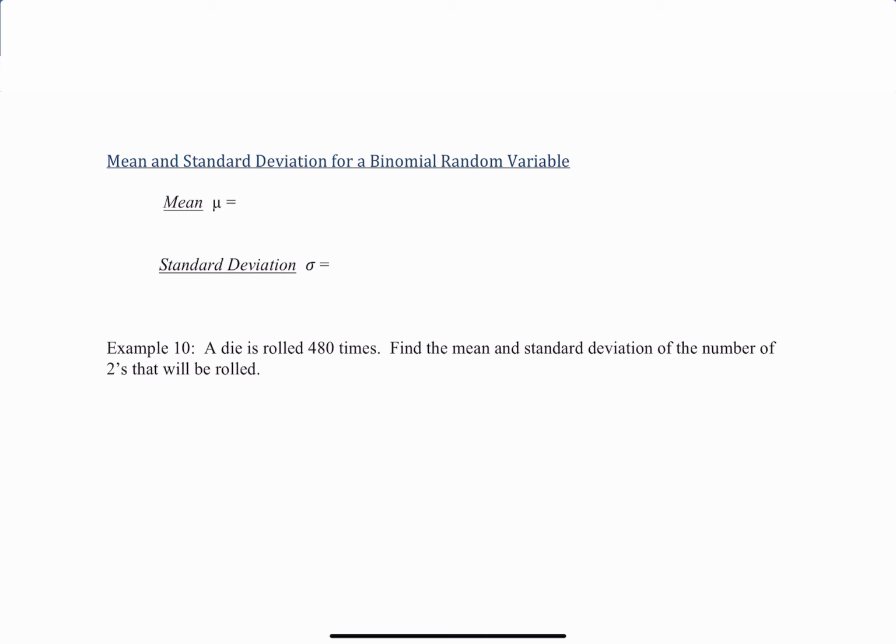The mean is simply n times p, where n and p mean what they usually do. And the standard deviation, it's got a square root, like standard deviations always do. And under the square root, we're going to have n p times 1 minus p.